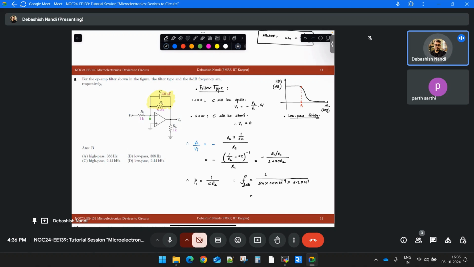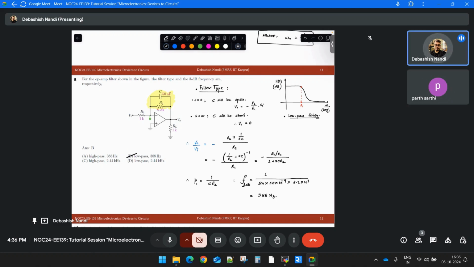If you solve it, you will get it is at 388 hertz. Okay. I am showing this to show how to solve the problems very easily by noting that you understood your inverting amplifier very clearly. Is that okay? Yes, sir.